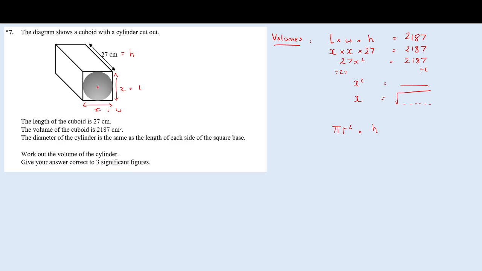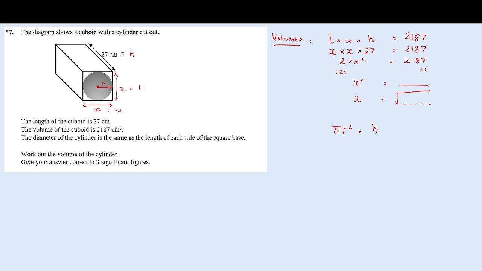What I need to know is my radius, which is going to be exactly half of that, because we're told that the diameter of the cylinder is the same as the length of each side of the square base. So it's then about taking the next small step. How do I go from my diameter to my radius? Well, we halve it.